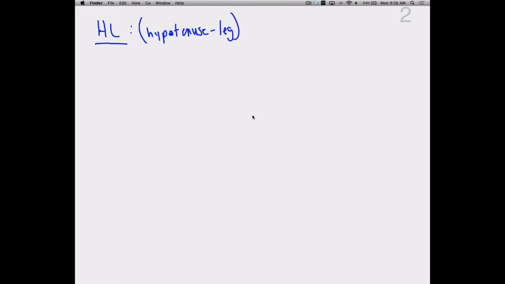That says hypotenuse. Ben, what would the hypotenuse leg theorem say? I'll get you started. If. Good start.